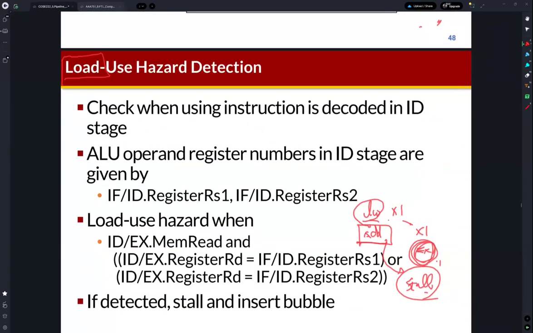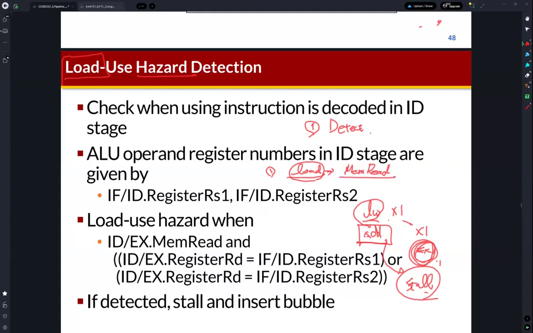Firstly, we need to detect. So how can we detect? First we need to detect the load use hazard. Obviously, in order to detect the load use data hazard, the former instruction is a load instruction. So how can we detect the load instruction? We can just check the mem read signal.